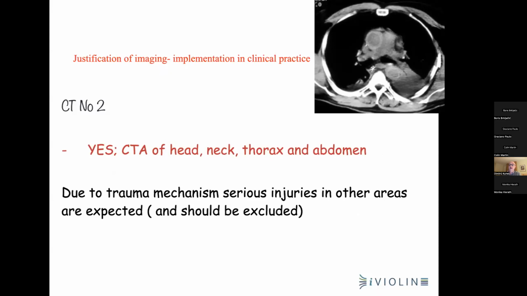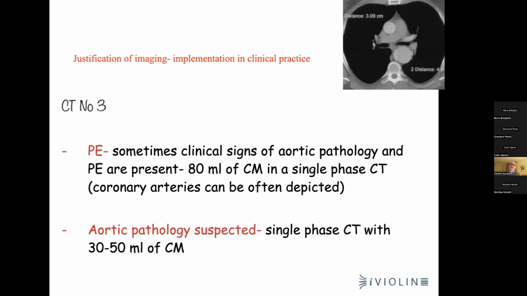We should do CTA of head, neck, thorax, and abdomen, practically whole body CT, because the trauma mechanism was such that it lacerated the aorta. So it means that the trauma forces were really high. And here the added burden of radiation is really not important, because we have to see what's going on with the patient.